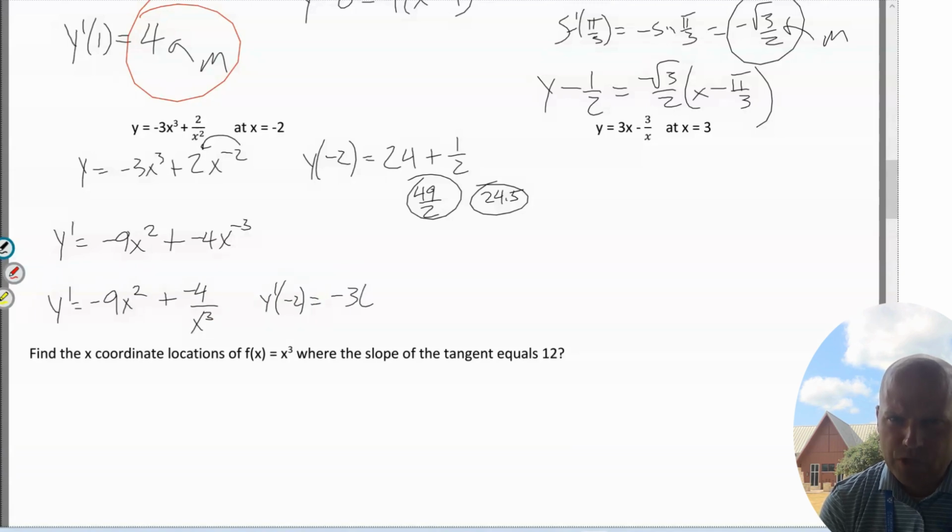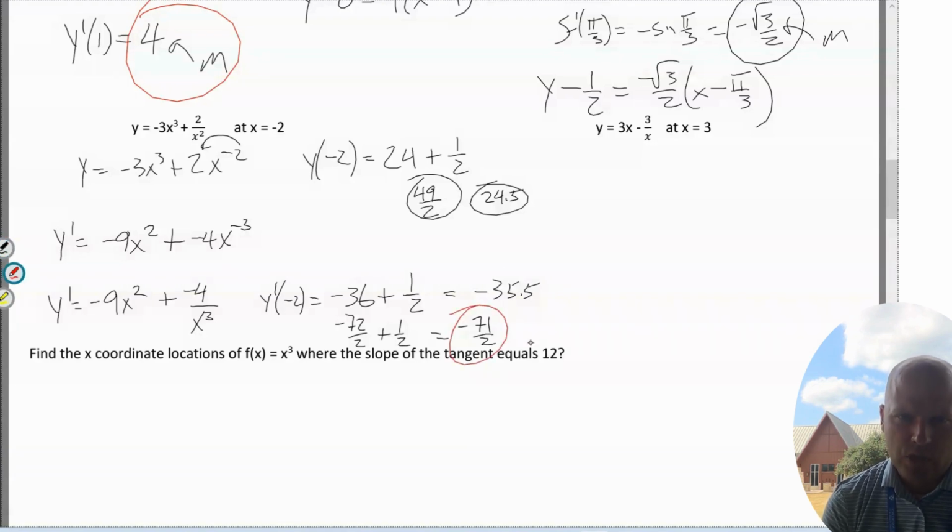I get negative 36 because it's negative 9 times 4. And negative 2 cubed is negative 8, so negative 4 divided by negative 8 is positive a half. So this is like negative 35 and a half. If you want to do that, that's fine. But be ready to change it into fractions. This is negative 72 halves plus a half, which is negative 71 halves.